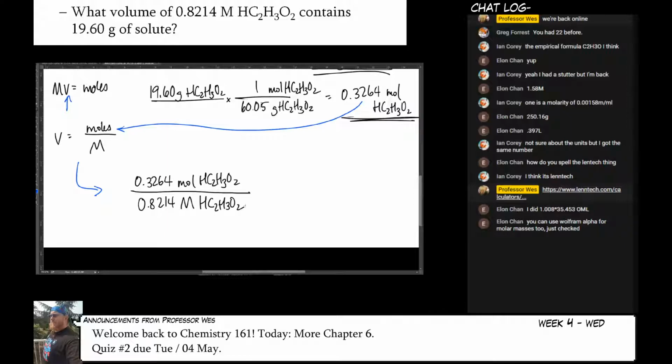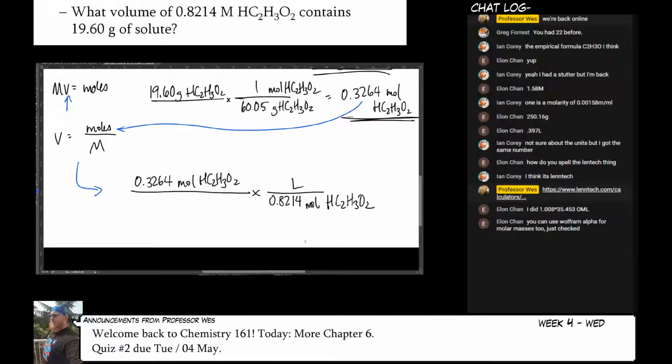Now, looking at it like this, the units don't really make much sense, right? So what I'm going to propose is that we do it this way. I'm going to change capital M into moles per liter, which is on the bottom of a fraction, so I can write it like this instead.